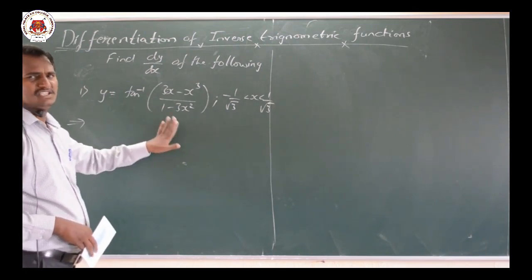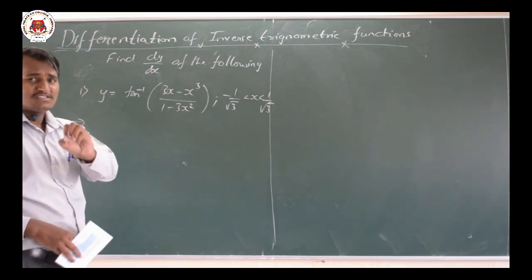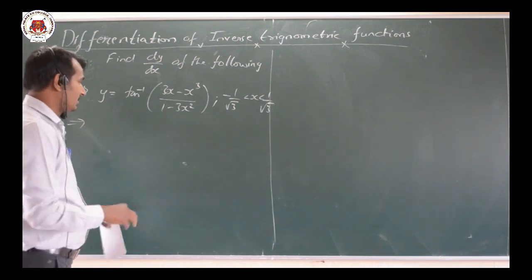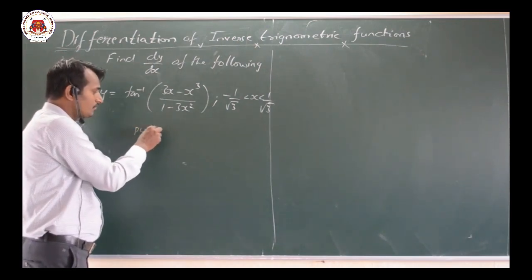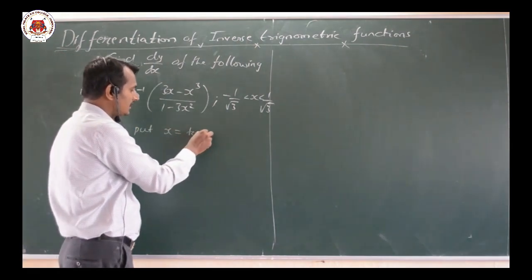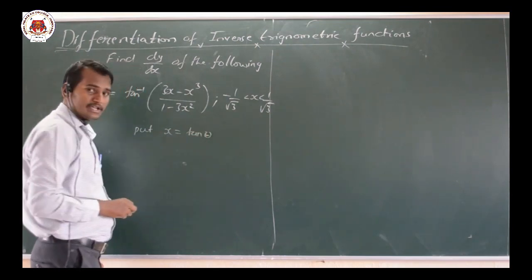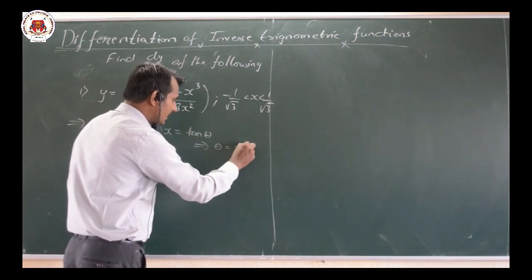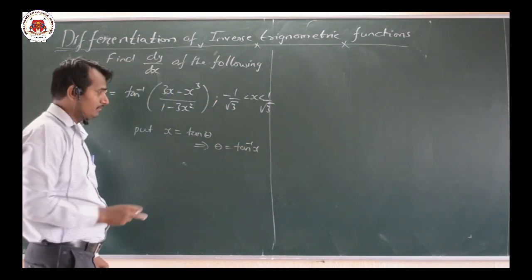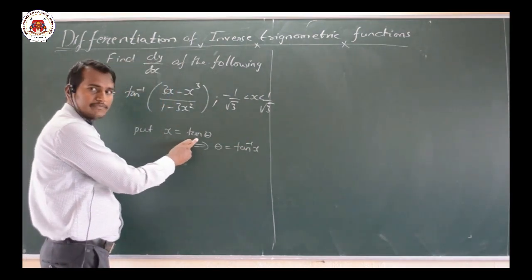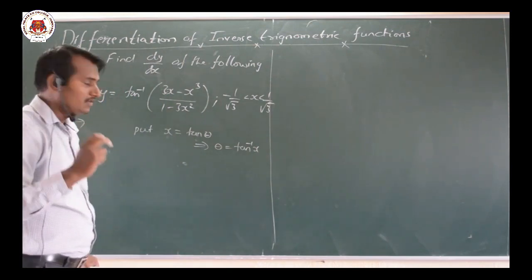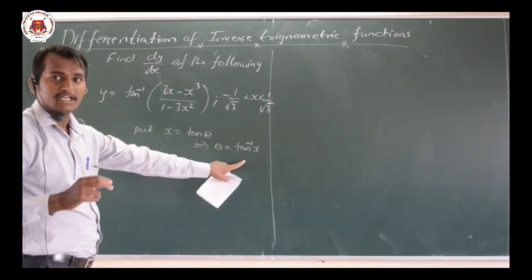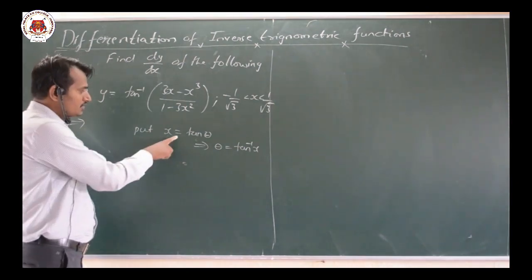But to make things very simple, we have just a simple substitution here. Put x equal to tan theta. If x equal to tan theta, that implies theta will be tan inverse of x. This you have to remember. Now substitute this value here.